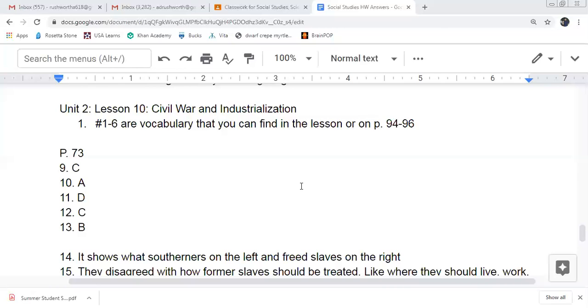Number 12, what was the main problem of Reconstruction? C, it did not give freed slaves lasting rights. It didn't. The Reconstruction era lasted for 10 years. They sent northern politicians and government legislators down to the South to make sure that the former slaves were free, that they were not put back into slavery, that they were able to go to school, that they were able to work, that they were able to do things that the average man should be able to do.